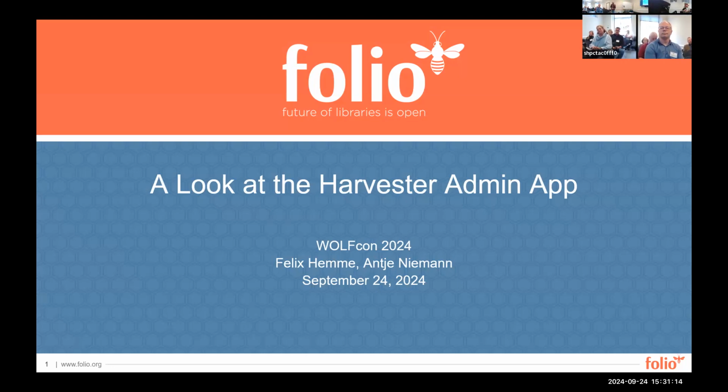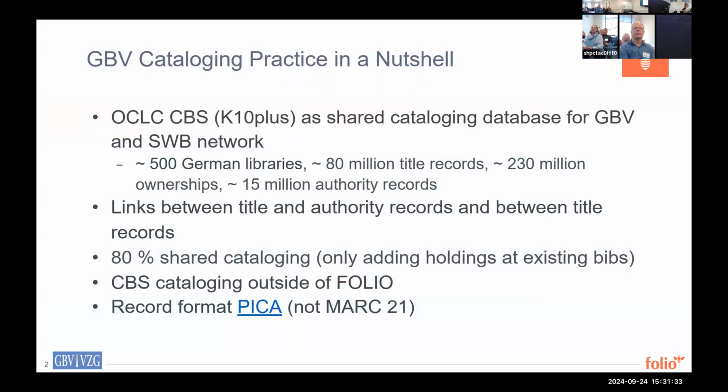For understanding what the Harvester admin app is good for, you should know a little bit about our cataloging practices and our metadata practices. About 500 libraries are cataloging together in one big cataloging database.